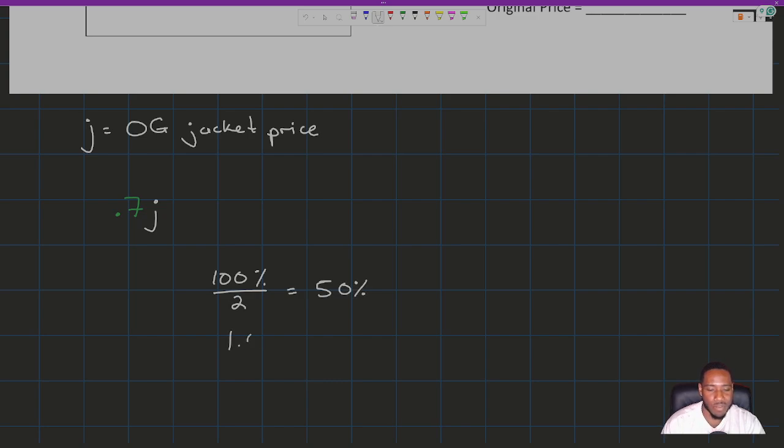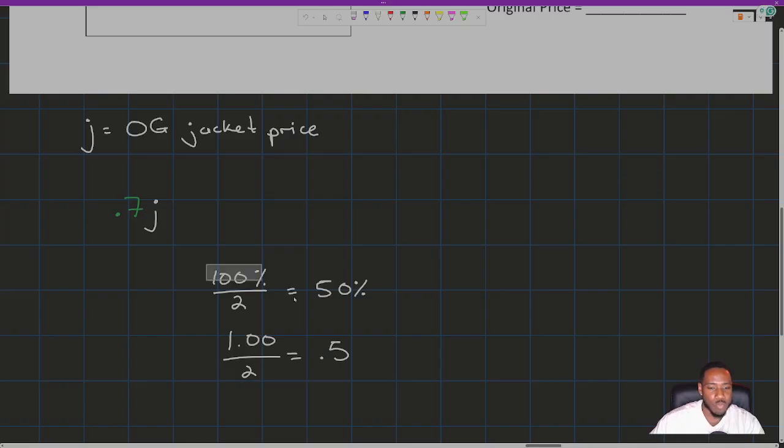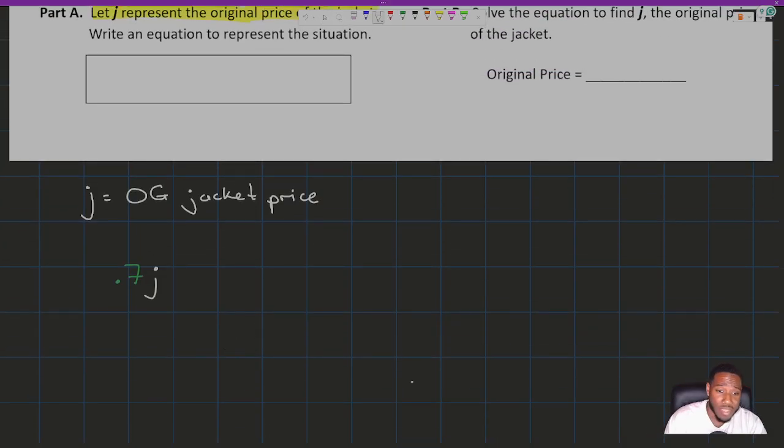And for the same reason, 1.0 divided by 2 gets me 0.5. So that's useful because if the shoes cost half the price of the original cost of the jacket, that's going to be 0.5 times J.